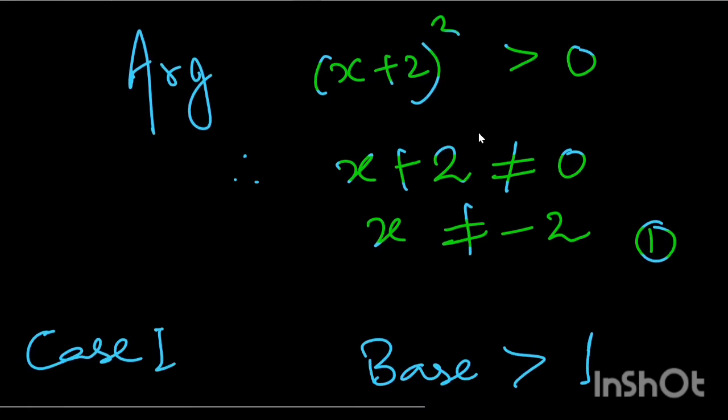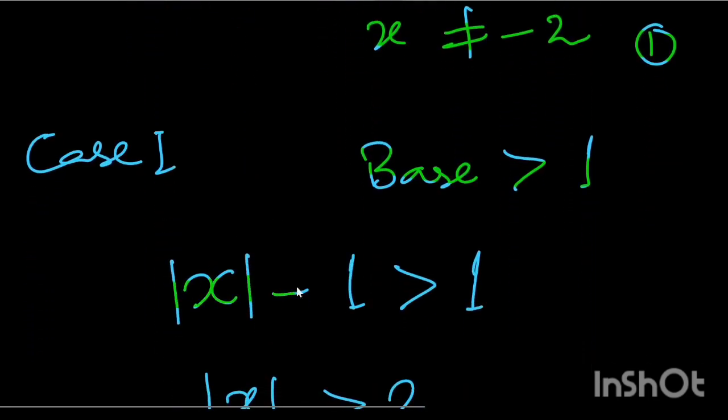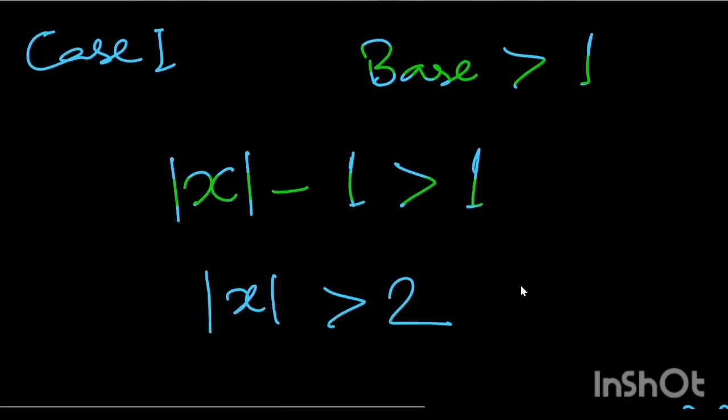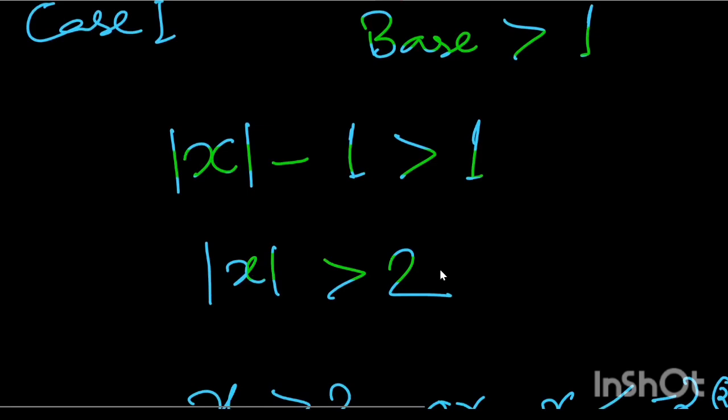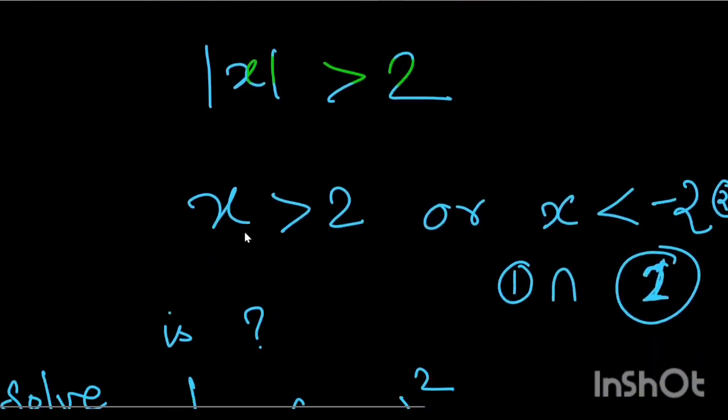So if you take the base to be greater than 1, the domain would already be taken care of. We only need to solve that the base should be greater than 1, where the base is mod x minus 1. So mod x greater than 2: mod x greater than a, we know, is x greater than a or x less than minus a.